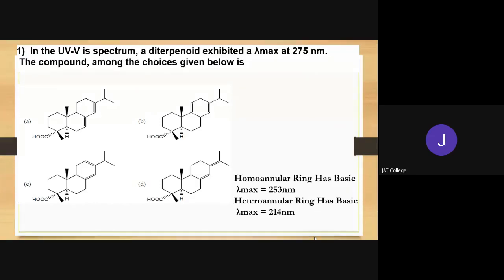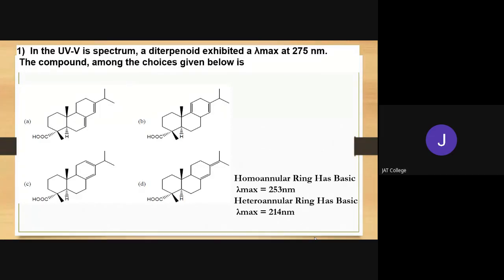Look at here, four options are there. What is asked? Out of the following compounds, which one shows the lambda max at 275 nanometer? There are three fused rings in each of the options. If we consider a ring in which two double bonds are conjugated within the same ring, then such a ring is called a homoannular ring. For a homoannular ring, the basic lambda max value is 253.